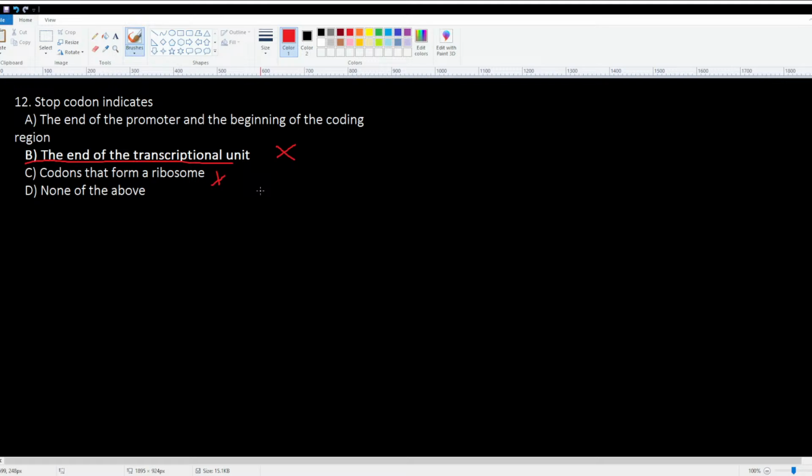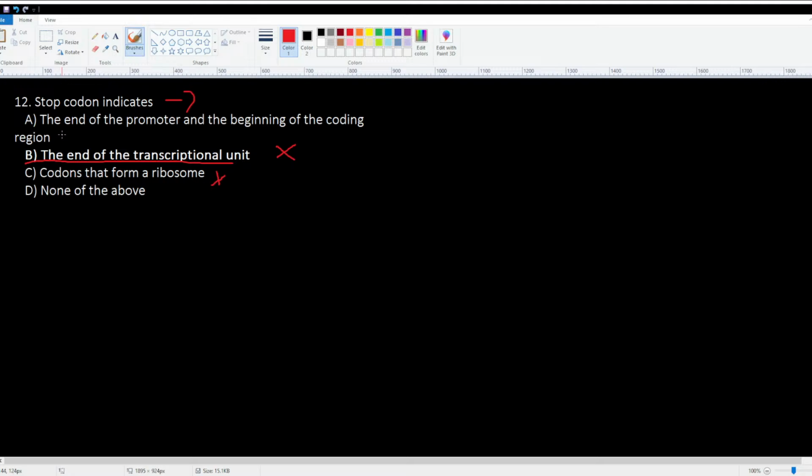This answer would be correct if it said the end of the translational unit. So this was initially a typo, but it ended up working out because of answer option D. So the stop codon indicating the end of the transcriptional unit is false, because the stop codon indicates the end of translation.